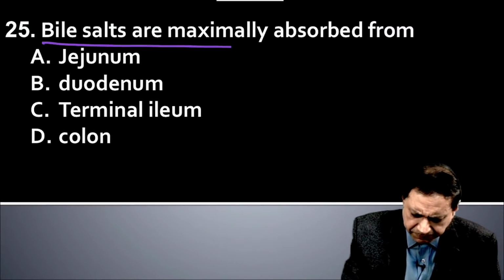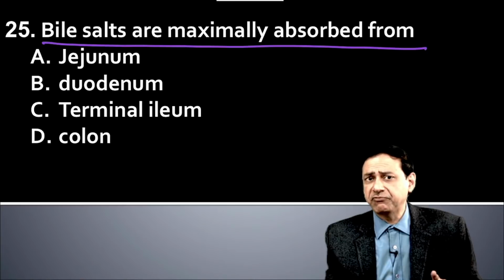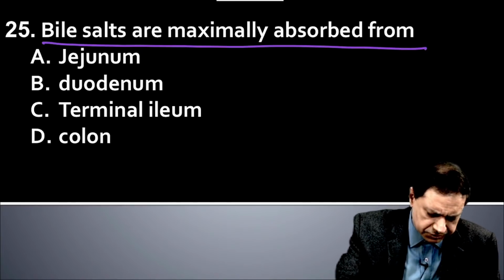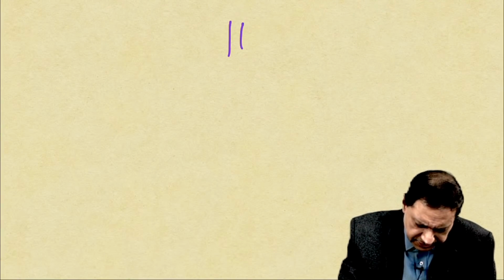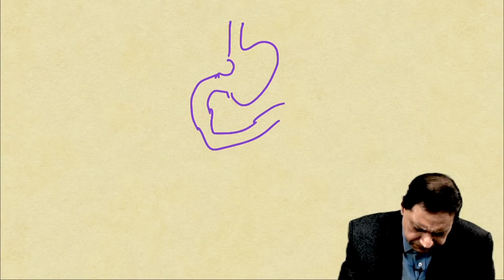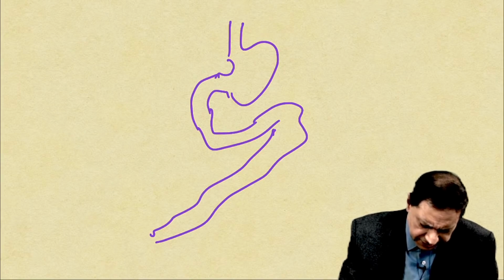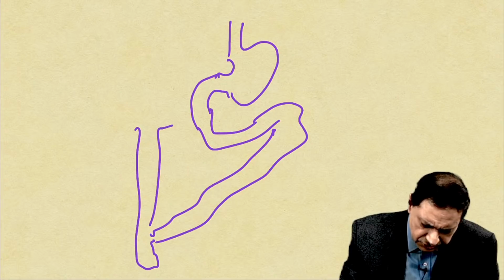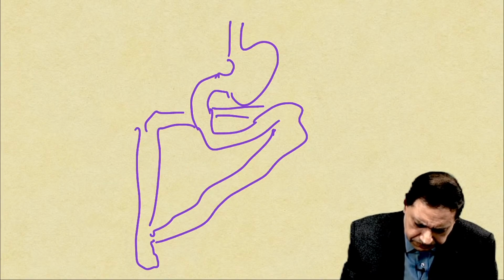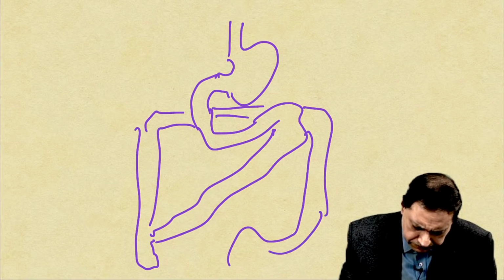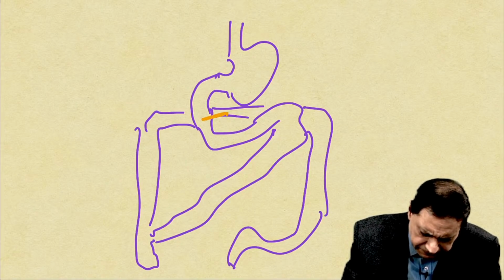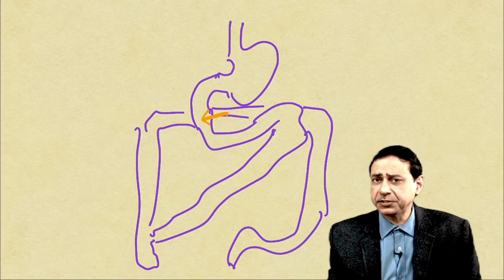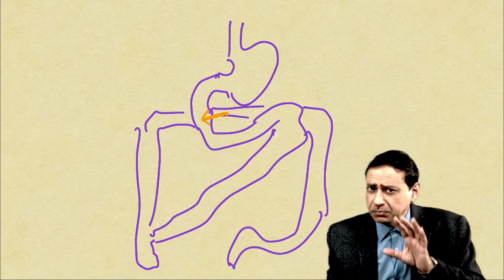Bile salts are maximally absorbed from where? Bile salts are reabsorbed. If you see the intestinal tract, duodenum, small intestine, and this is the colon. So bile salts are secreted in the second part of the duodenum from bile.